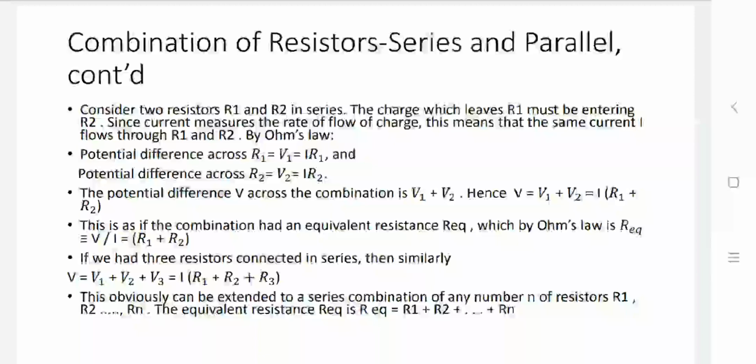So V1, the potential difference across R1, equals IR1, and the potential difference across R2, V2, equals IR2. Taking the potential difference across both resistors as V, comparing V, V1 and V2, we understand that V equals V1 plus V2.